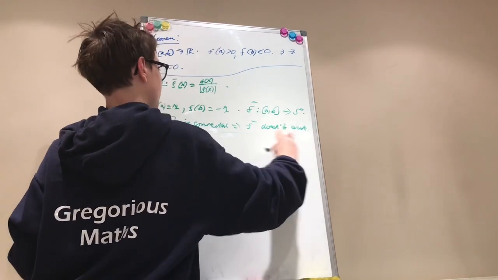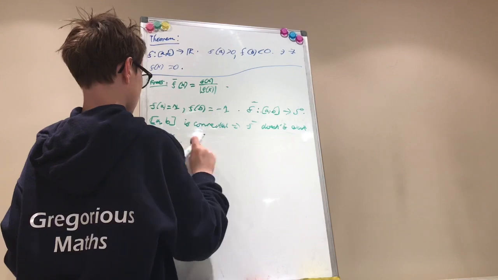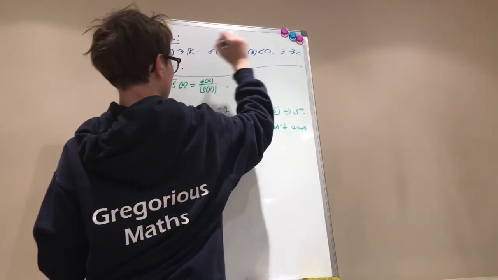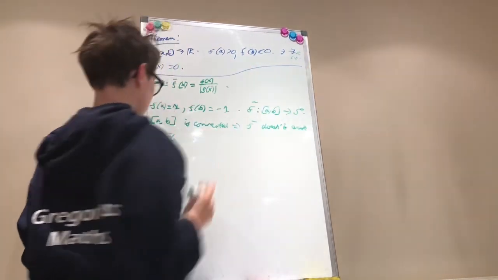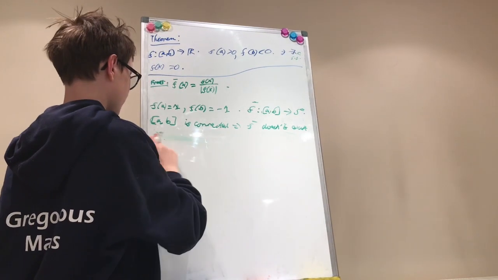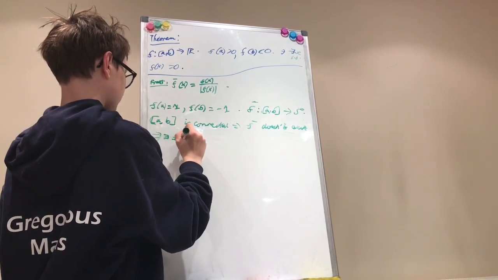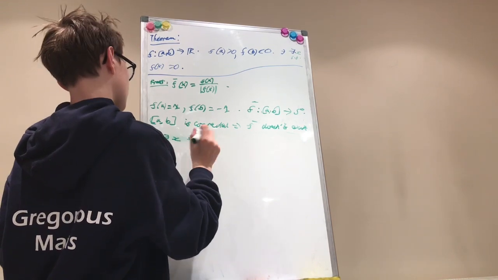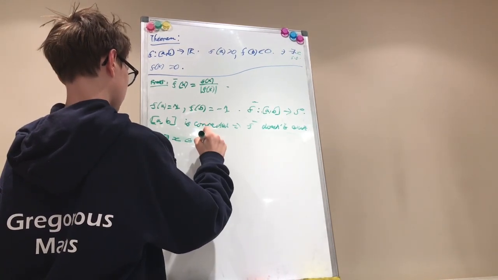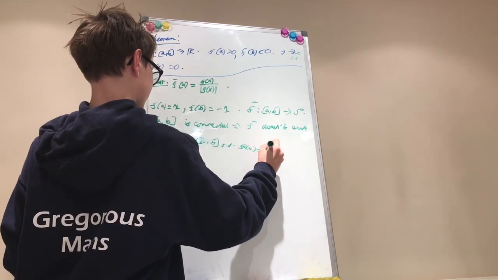And hence, because f bar cannot exist, this implies that there exists some x, an element of the closed interval between a and b, such that f of x equals 0.